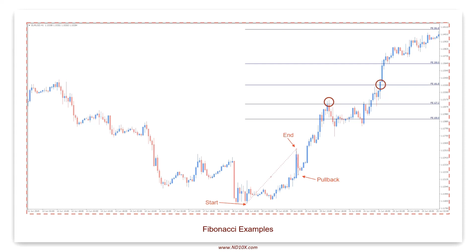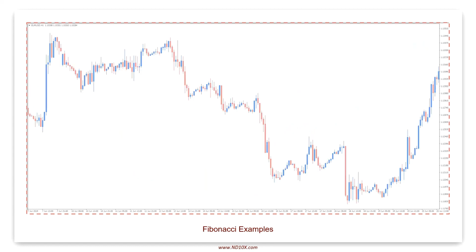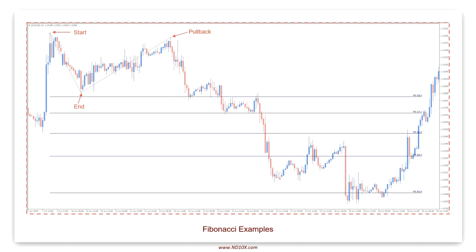So we can use the same thing because price continued to move higher, looking at the 161.8, the 200, and then the 261.8. But also, if you want, you can always redraw that existing Fibo and you would get that price ended that trend around the equal X, so 100%.